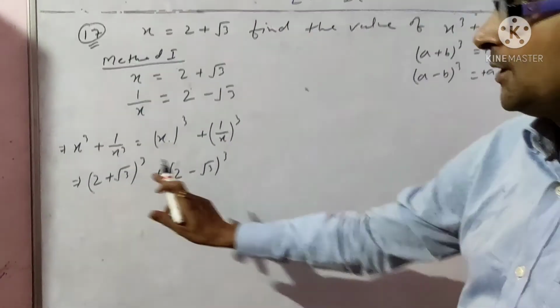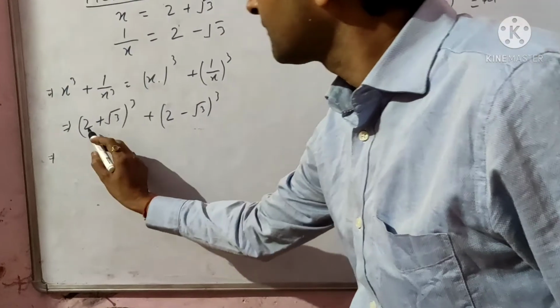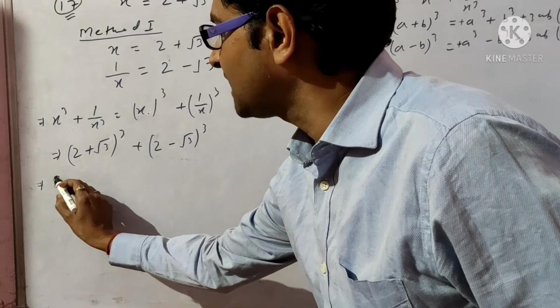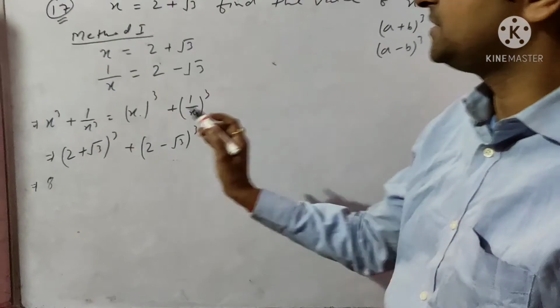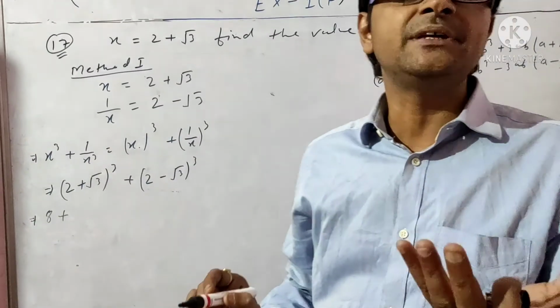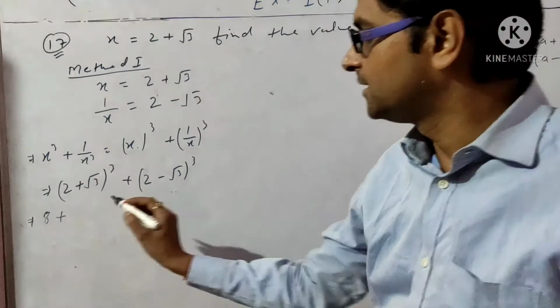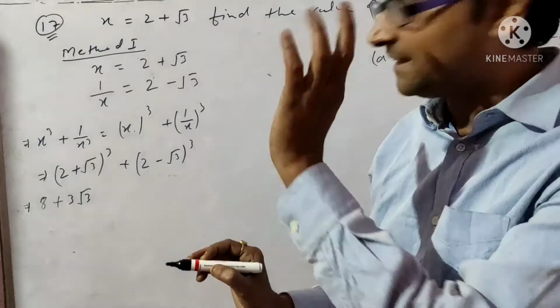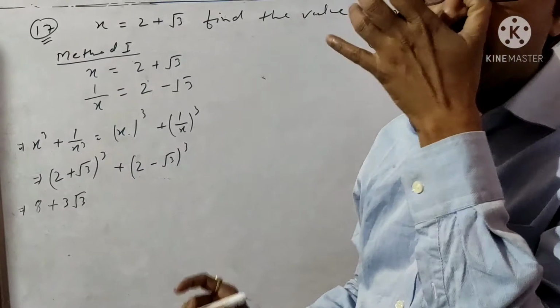Okay, so here we can use (a plus b) whole cube, that means 2 cube. So 2 cube is 8, we know that the value of 2 cube is 8, plus root 3 cube. So root 3 cube means root 3 into root 3 into root 3. So we can write here 3 root 3 because root 3 into root 3 is 3 and one root 3 is remaining.